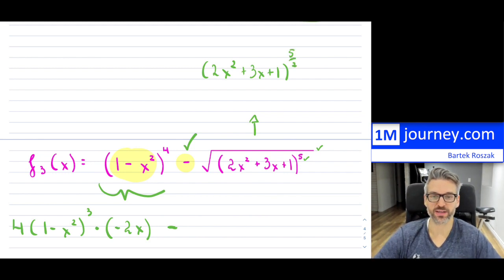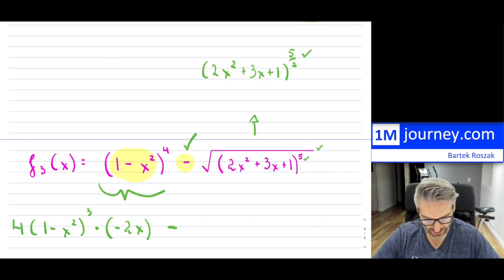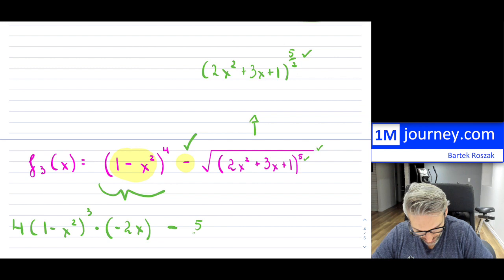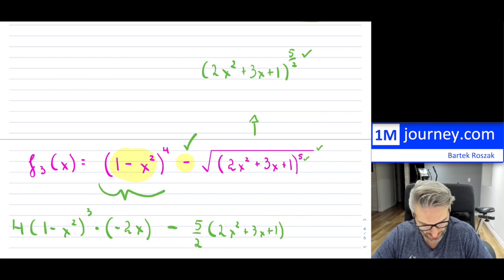That is rewritten with a rational exponent. Now finding the derivative, this would have been 5 over 2 times 2x squared plus 3x plus 1 to the 5 over 2 minus 1, which is 3 over 2. And then multiplied by the derivative.